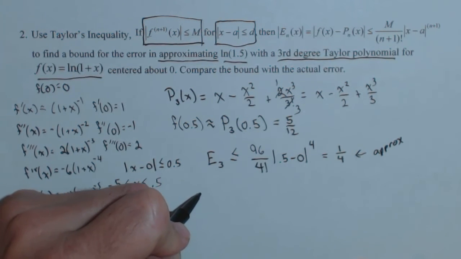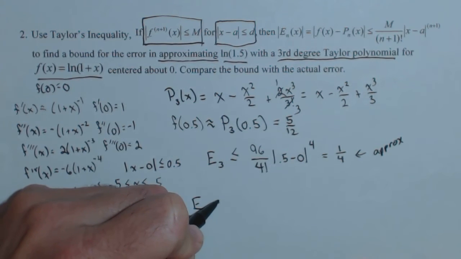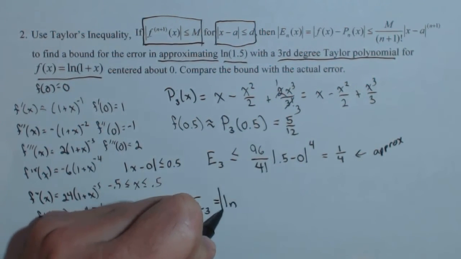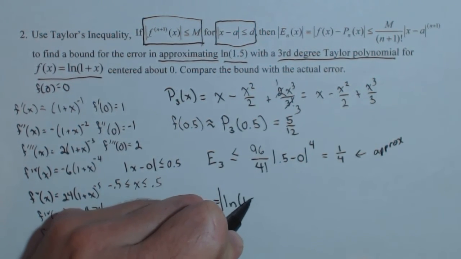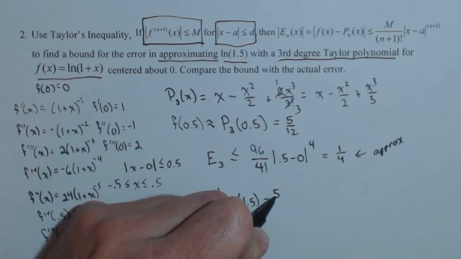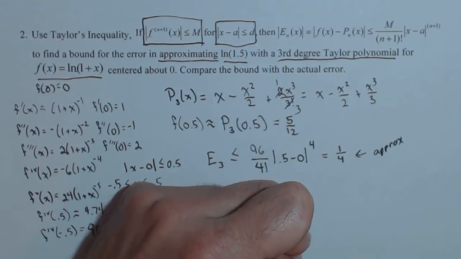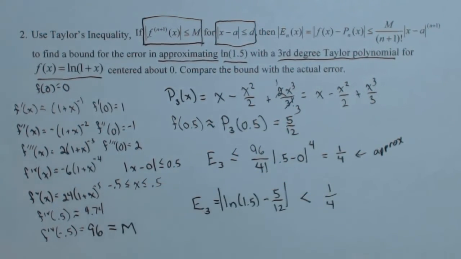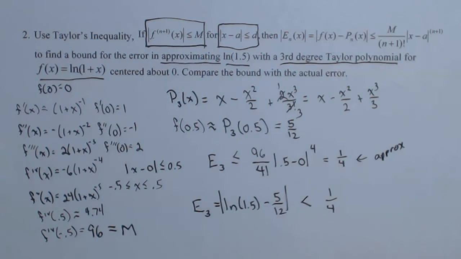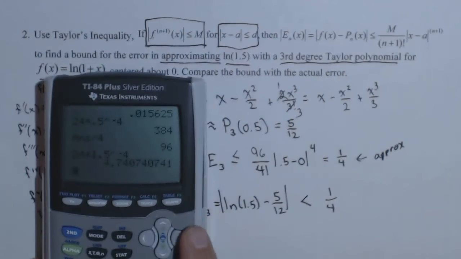So now we're going to find our actual error in our third degree Taylor polynomial, which is the actual value. We'll do the absolute value of ln 1.5 minus our approximate value. And according to this, we're hoping that it comes out to be less than 1/4. So if we calculate, we'll bring in our calculator here, we have ln of 1.5 minus 5/12.